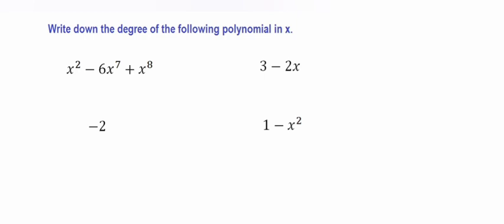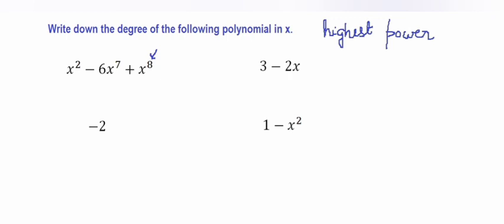In this question, we need to write the degree of the polynomial in x. Now, degree is your highest power. Degree means highest exponent or power, we can say that. Okay. Now, we will check in this term. You can see that the highest power is 8 here.